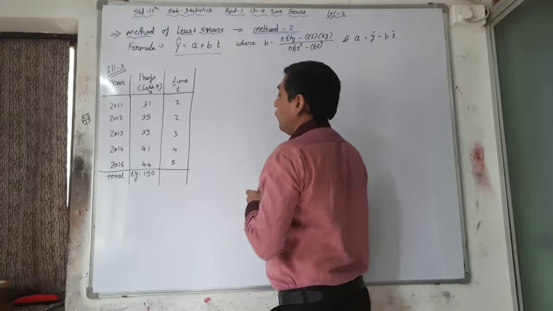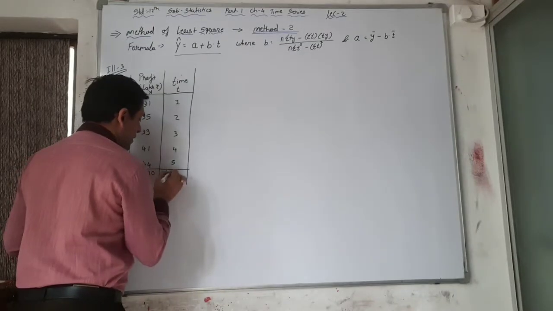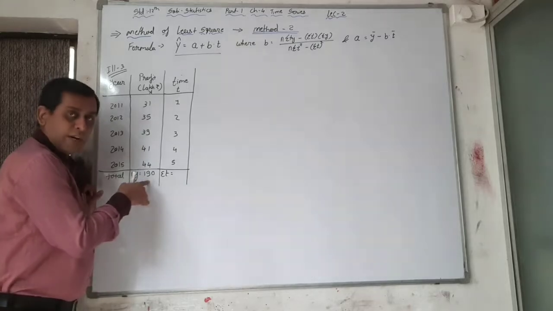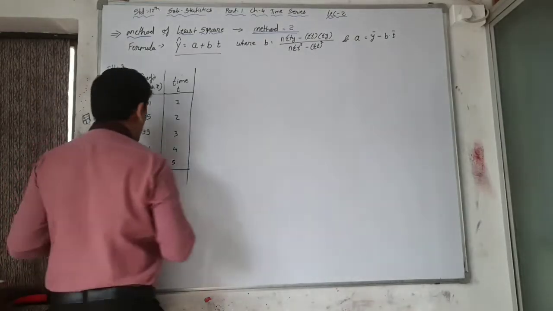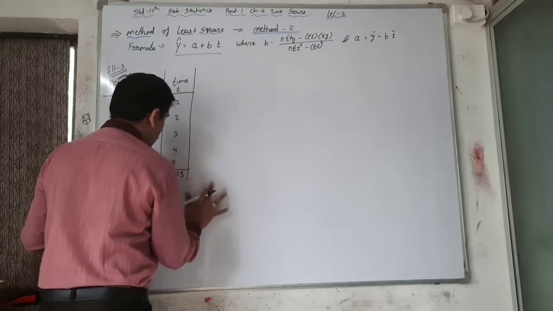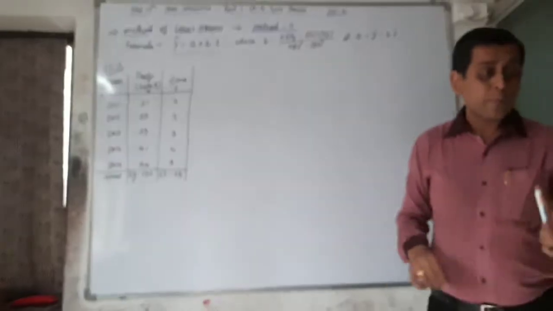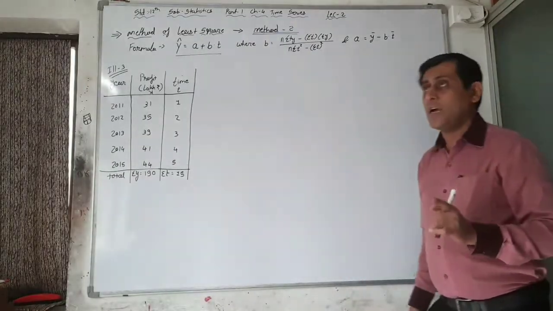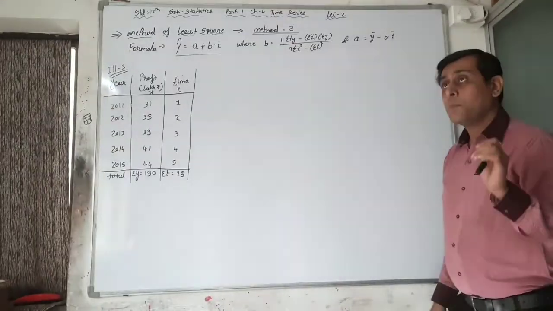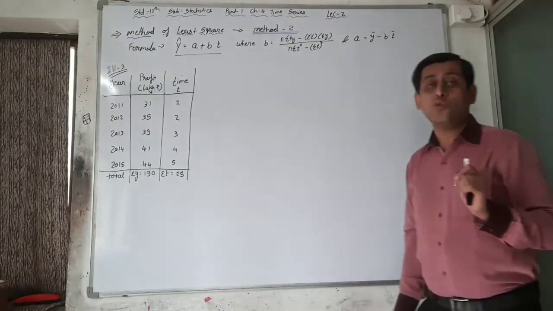Now, first of all, the totals, that is sigma y and sigma t. Sigma y is 190. Sigma t is 15. So first of all, we have to find y bar and t bar. In chapter number 3, we were finding x bar and y bar because we wanted to know which method to use.